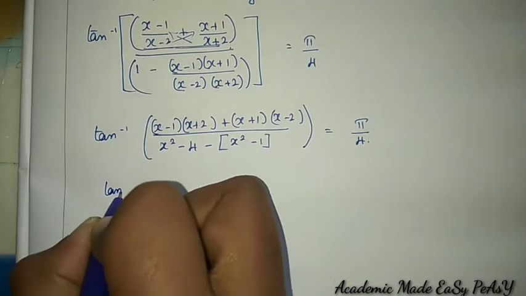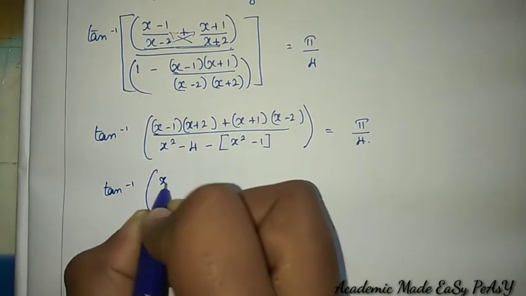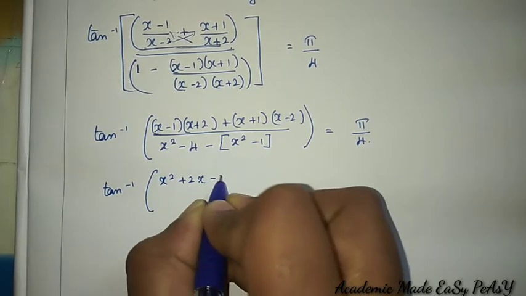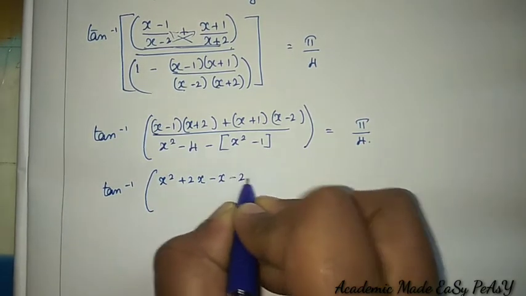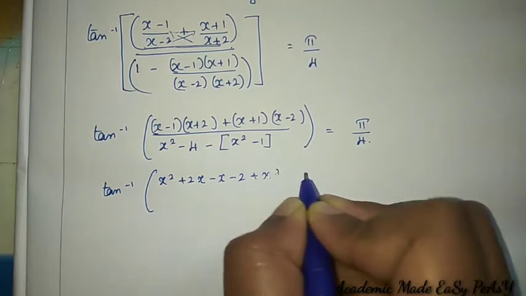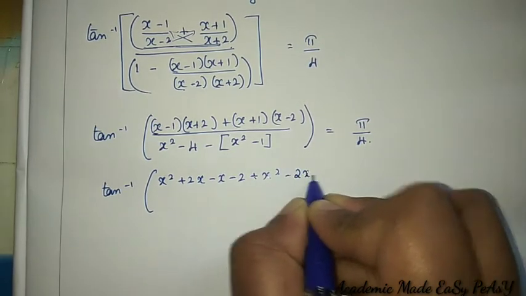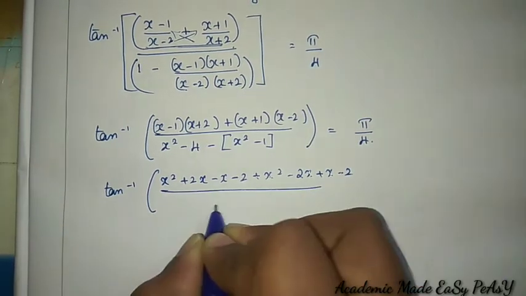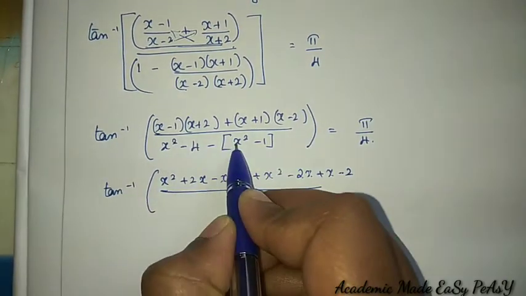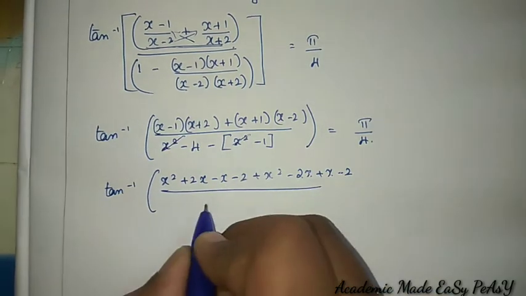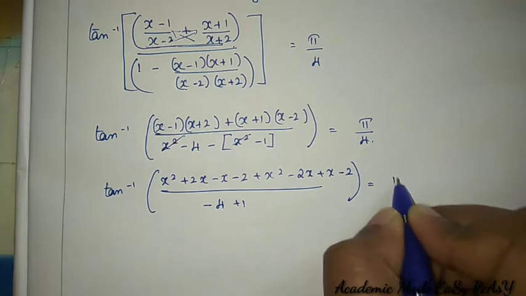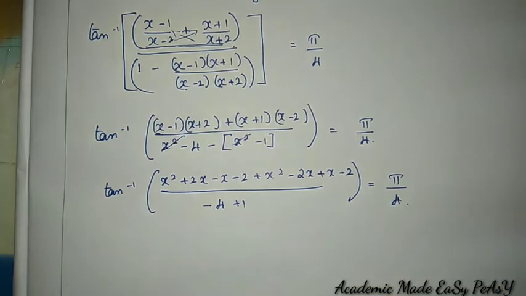So tan inverse of x square minus 2 plus 2x minus x minus 2 plus x square minus 2x plus x minus 2, divided by, here x square and minus x square get cancelled, so I will have minus 4 plus 1, is equal to pi by 4.